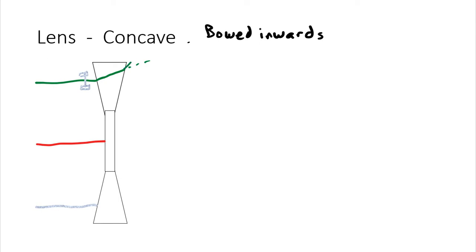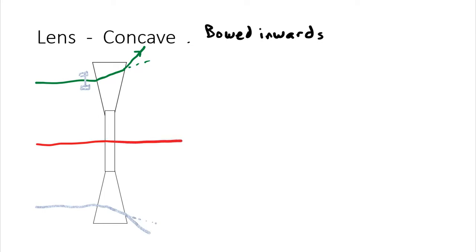So this concave lens, the rays of light would bend up and up on the top. Make the same argument for the bottom, except now down and down. It's going to make it bend downwards, and then it's going to make it bend downwards again. And that ray of light in the middle will just keep on going through the middle.